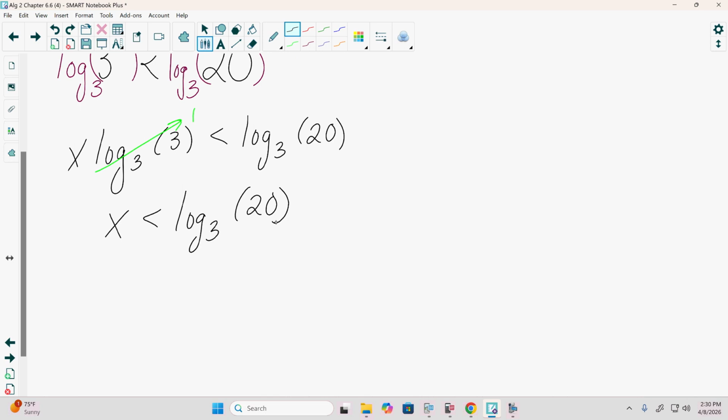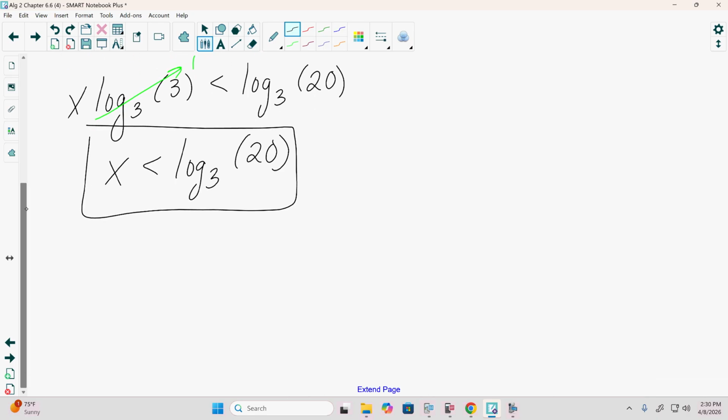Now we need to get x by itself. It is. So the solution is that x is less than log base 3 of 20, and we can leave it in this form if we want. There are probably specific rounding rules for inequalities, so that we actually get a true statement.